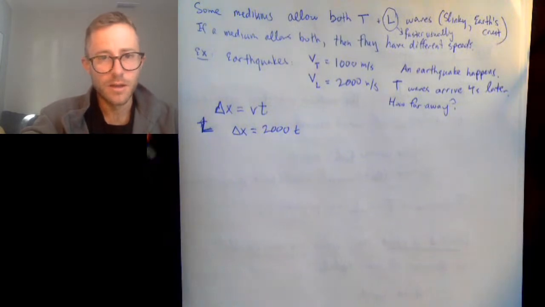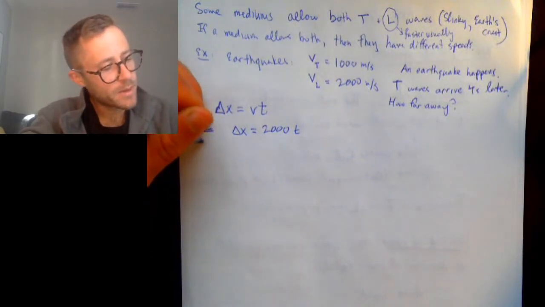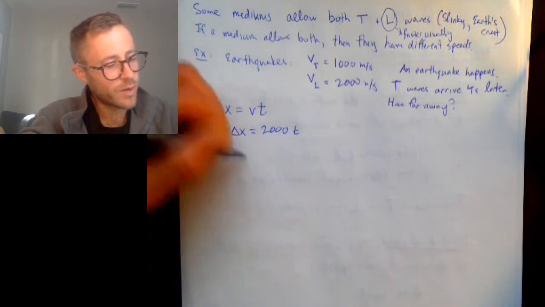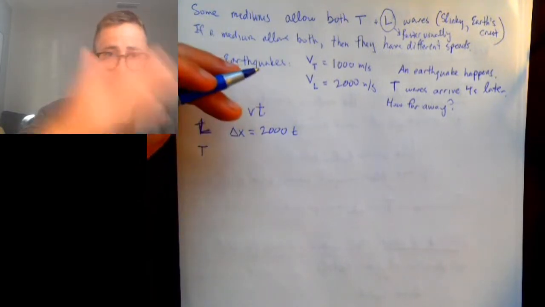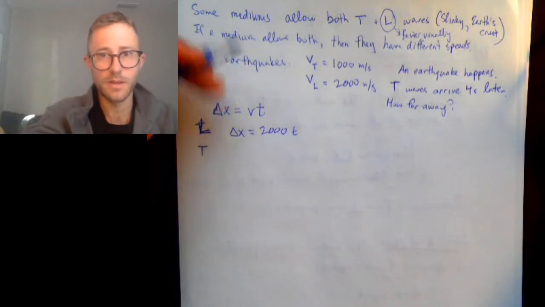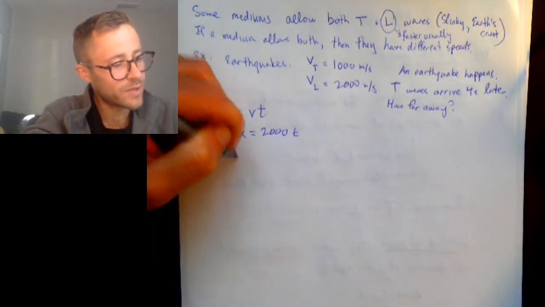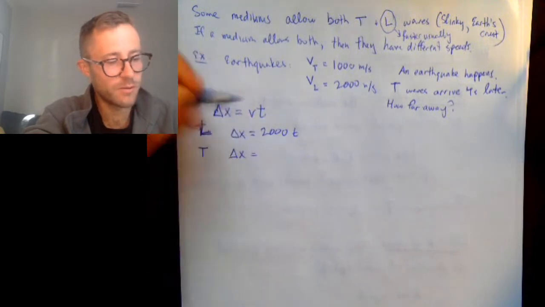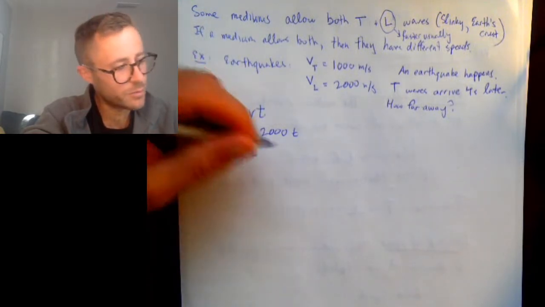Now, if we do the same thing for the transverse wave, we know that the transverse wave went from the epicenter of the earthquake to you. So it has the same delta x as the longitudinal wave, but it has a different speed.